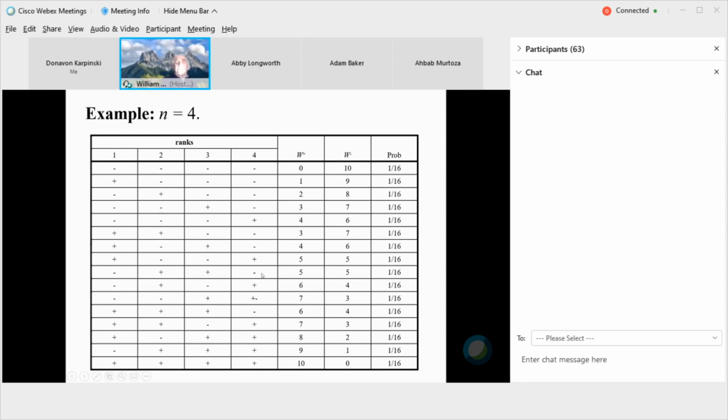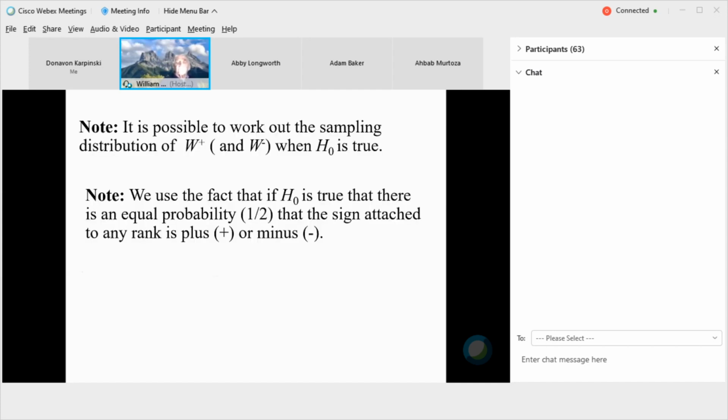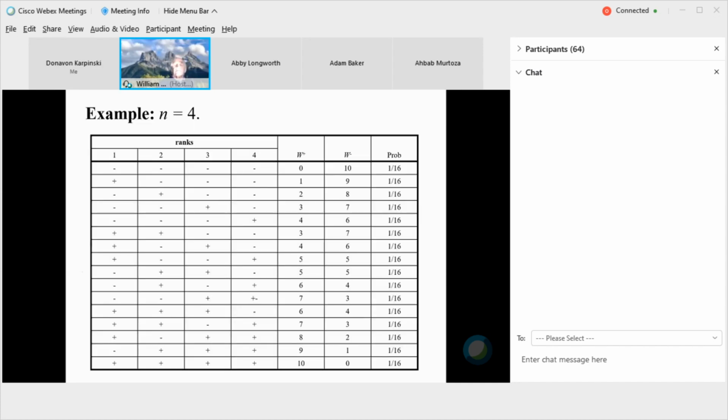So we're trying to work out the distribution of W plus and W negative when the null hypothesis is true. If the null hypothesis is true, there's a 50% chance that a plus will be attached to a rank, or a negative will be attached to a rank. So here they're all negative. W negative would be 10, 1 plus 2 plus 3 plus 4. W plus would be 0.